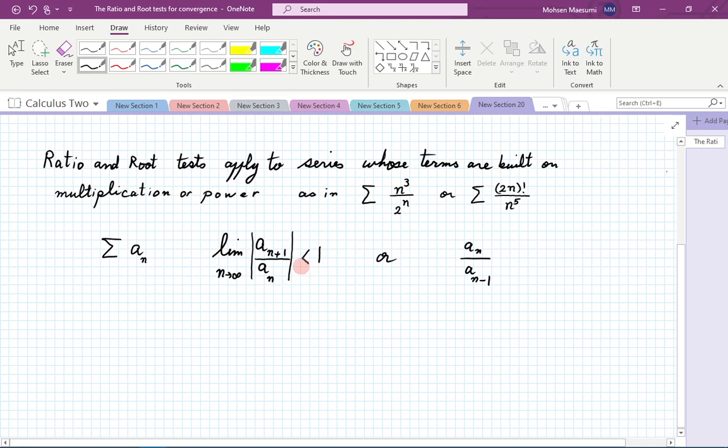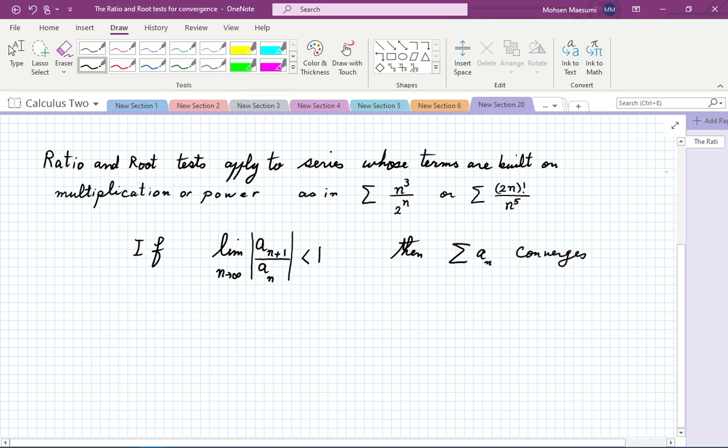If that is so, then my original series is going to converge. So let me write it like this. If the limit of the ratio of consecutive terms is less than 1, then the series converges.